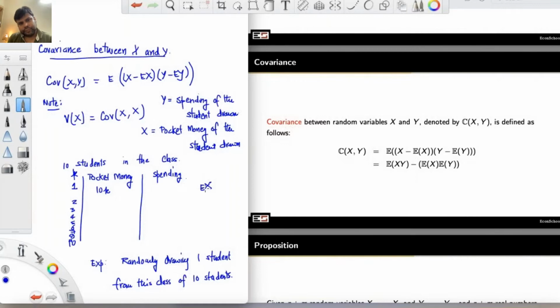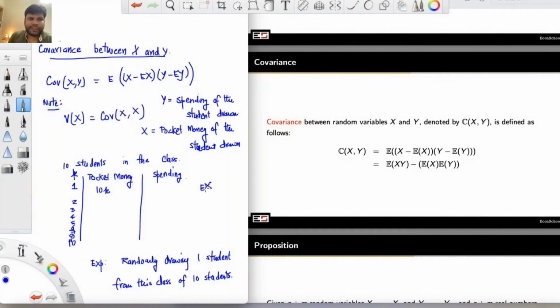Average pocket money. So what is the average pocket money? Ten plus 20 plus 30 plus 40 plus 50 plus 60 plus 70 plus 80 plus 90 plus 100, divided by 10, right? Which is what, 55? Yes or no? It's 55. Yes.